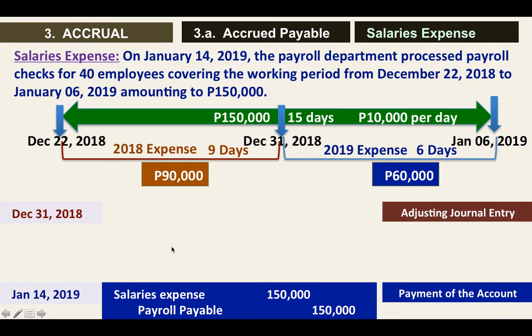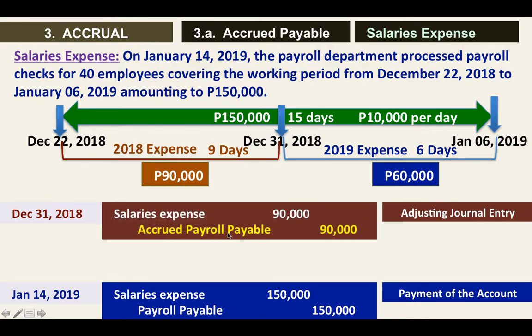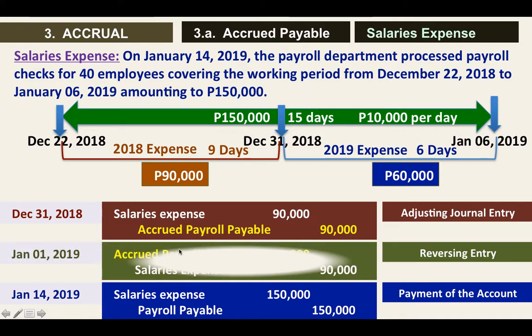Okay, now we can record the 90,000. We debit salaries expense and credit accrued payroll payable 90,000. And you have to do the reversing entry on January 1st, the reversing entry debit accrued payable and credit salaries expense. Analyzing all of these entries, there is a cancel out there of accrued payroll payable.